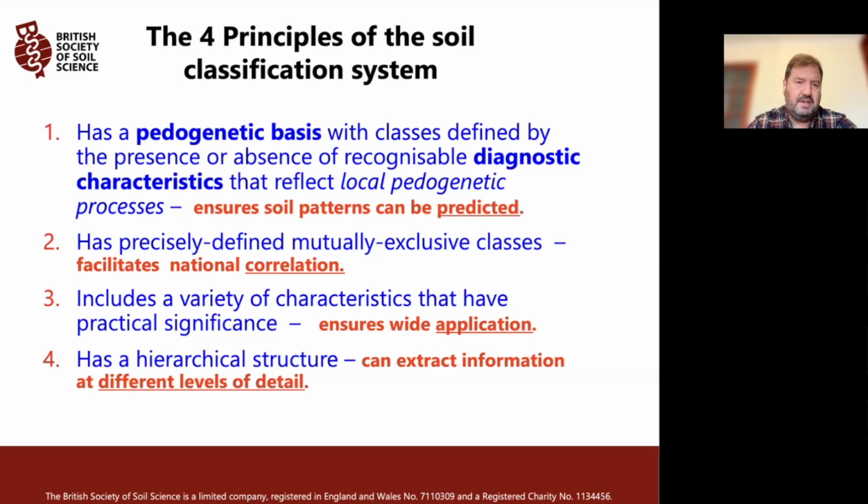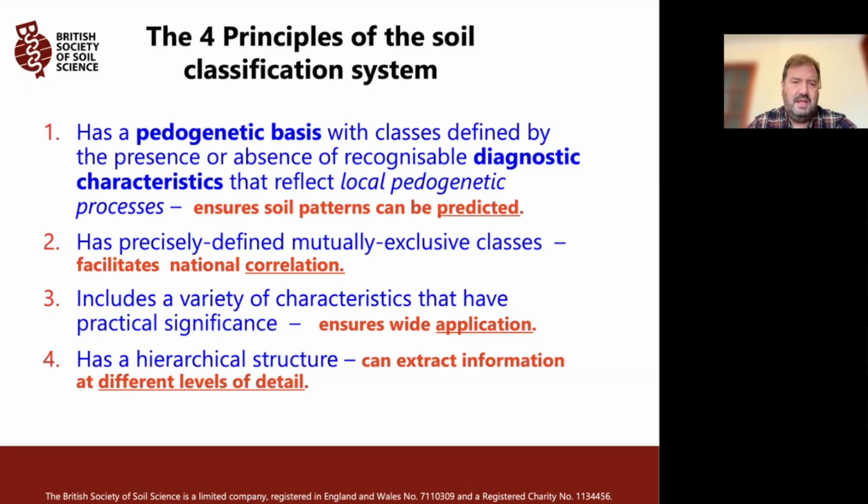The idea of the classification then is to identify boundaries in this spectrum, and those boundaries give us precisely defined, mutually exclusive classes. At least that's the idea. In reality, there's a lot of battles about which soil type certain soils were, but what we've arrived at is a national correlation where there's agreement, and the same classification applies across England and Wales.